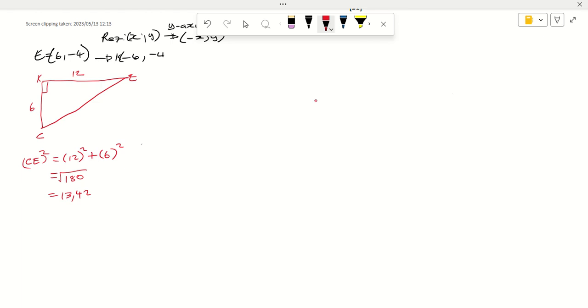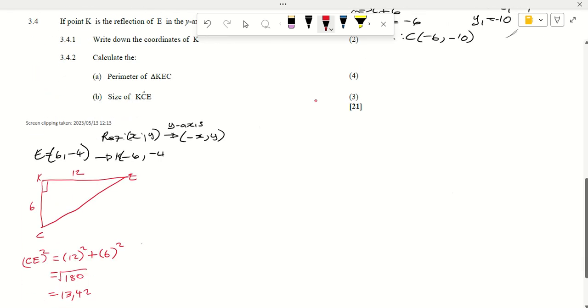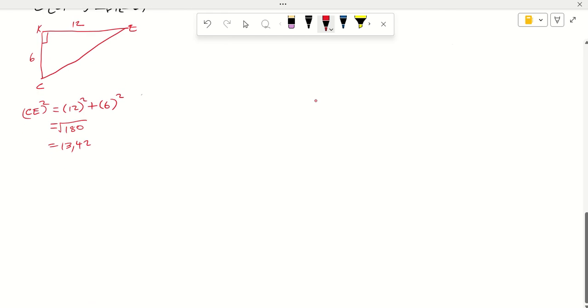And now the perimeter of the triangle KEC. Let's look at the question. The perimeter of the triangle KEC. So fine. Perimeter of triangle KEC is equal to KE plus KC plus CE.